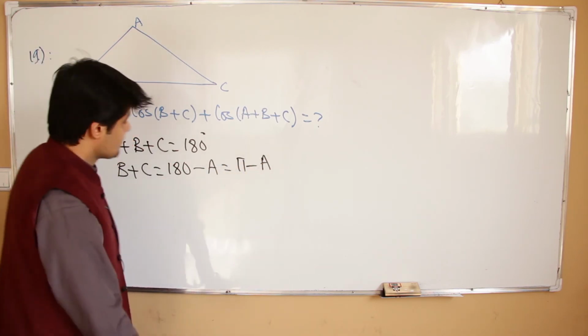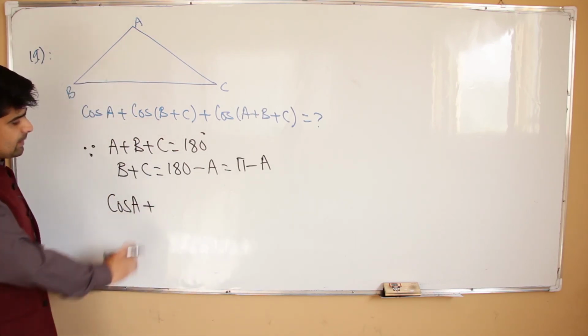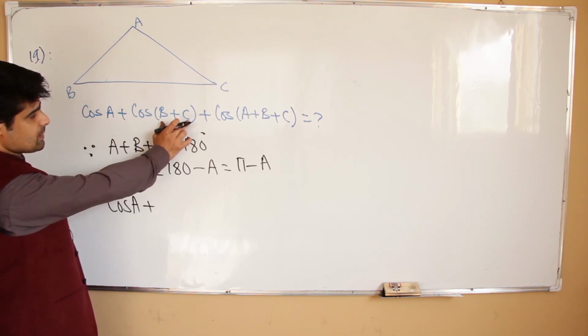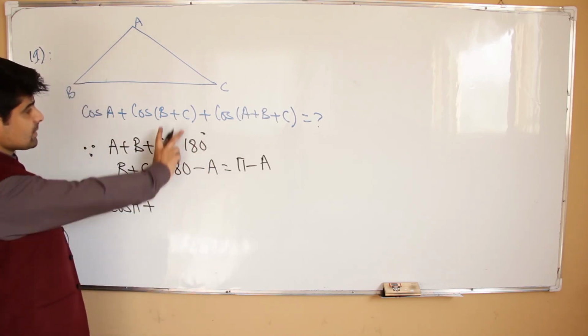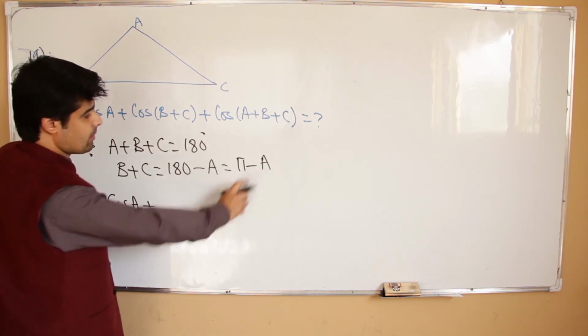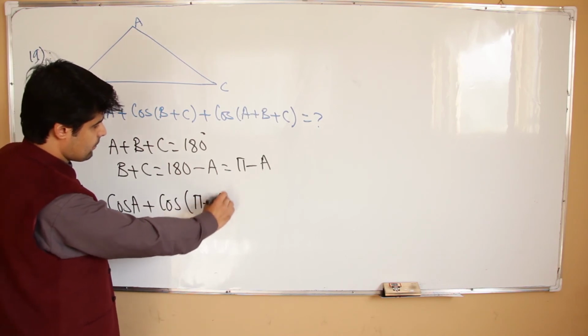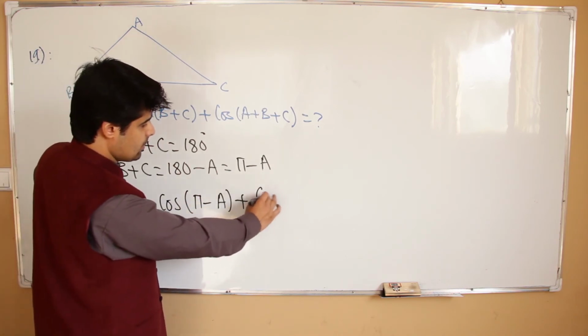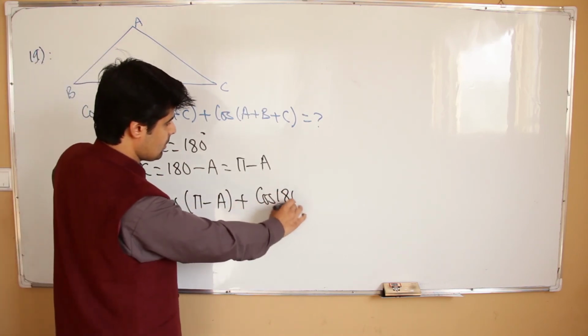Am I right? Yes. So we will have cosine A plus, instead of cosine of B plus C, I will define all the angles in terms of A. Now instead of B plus C, can I write pi minus A? Yes. Cosine of pi minus A plus cosine, and instead of A plus B plus C, we can write 180 degrees.